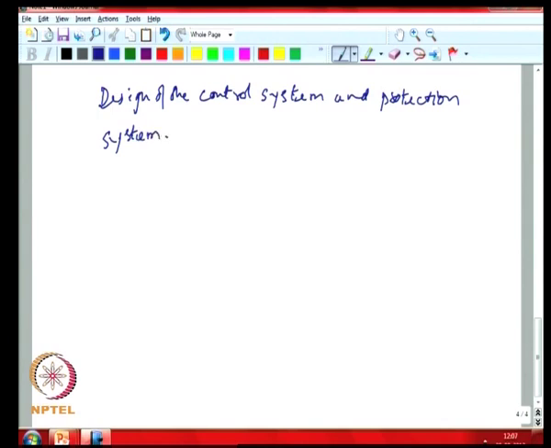And what you need to ensure in many applications is that these control systems and protection systems are independent. What you mean is that if you have a control failure, your protection should not fail.